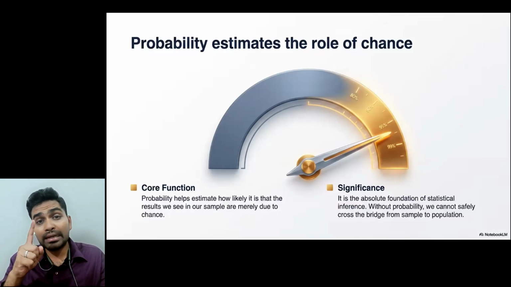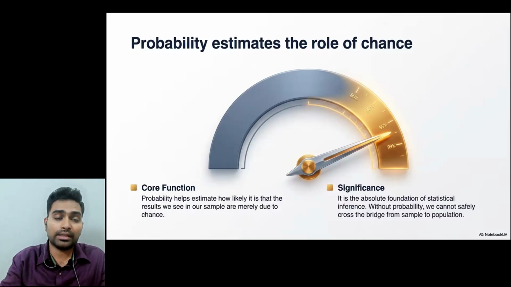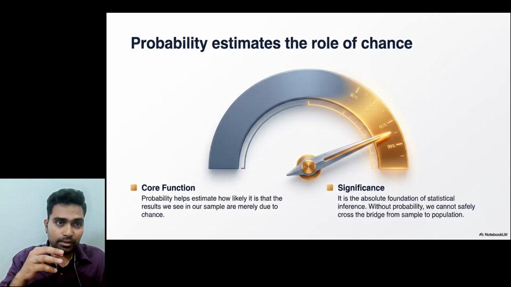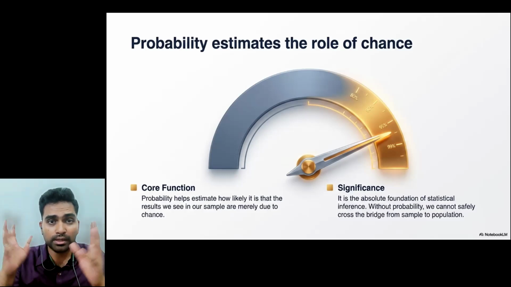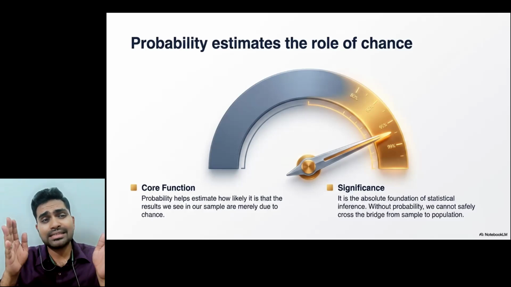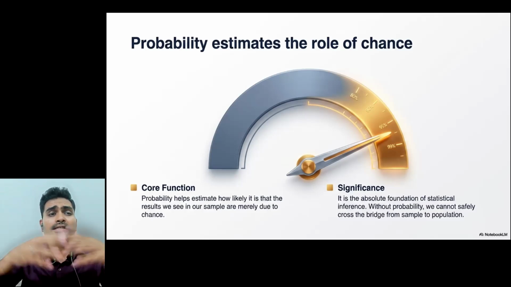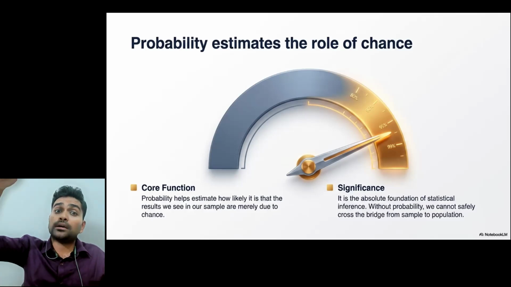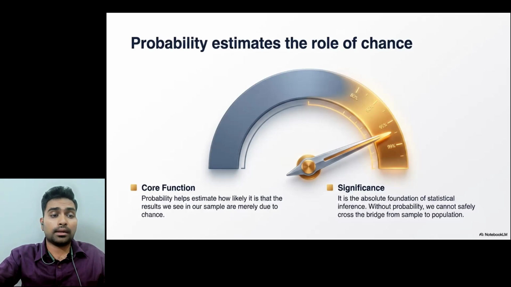So probability, that is why, is always an estimate. Whatever results you got, that there is a relationship between social media and loneliness among elderly, did it happen just by chance in your small group, or is that a pattern across all the elderly in Karnataka?